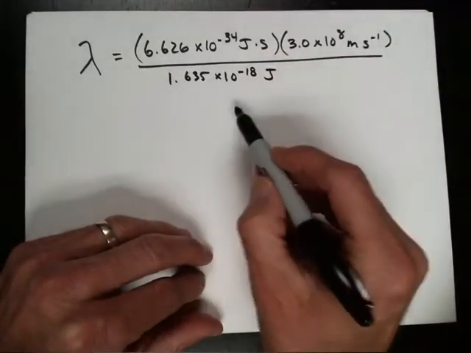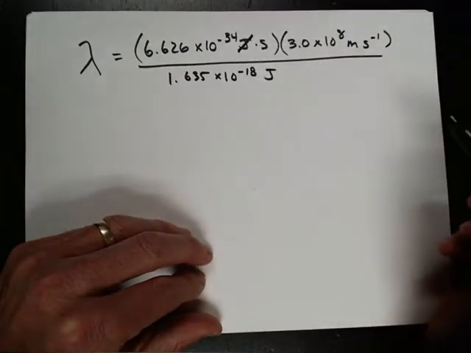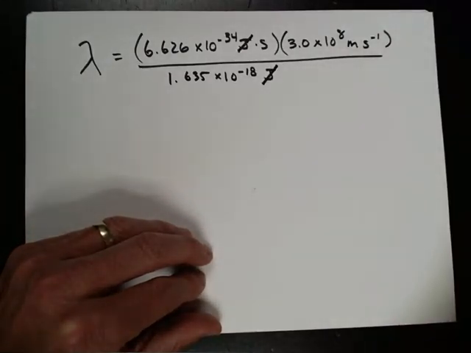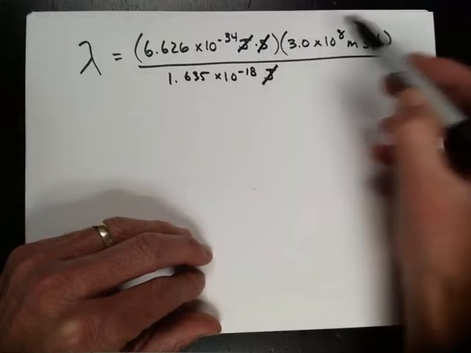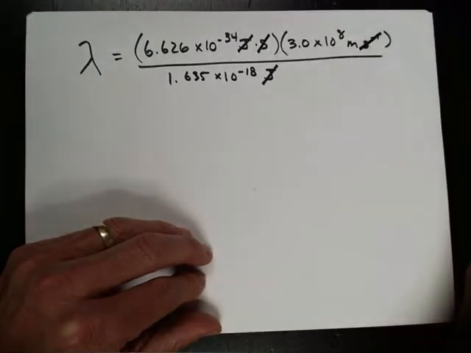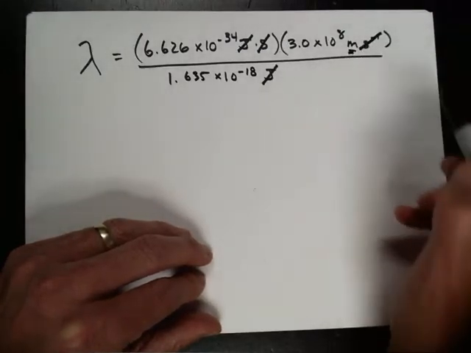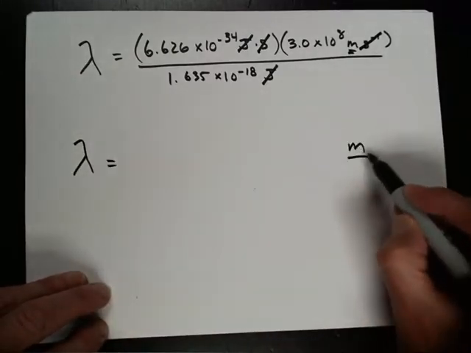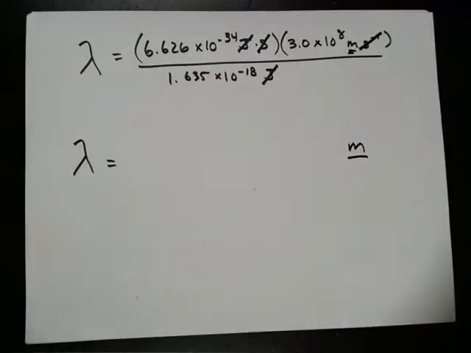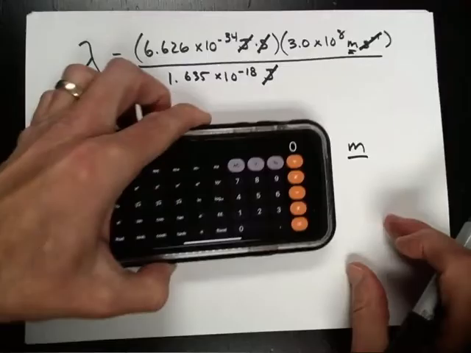All right, let's check our units first. A joule in the numerator cancels a joule in the denominator. In the numerator, if we take a regular second and multiply that by an inverse second, they cancel. And we see that the unit we're left with is a meter, and that makes me happy because I'm looking for a wavelength. Now we'll do the numerical portion of the calculation.